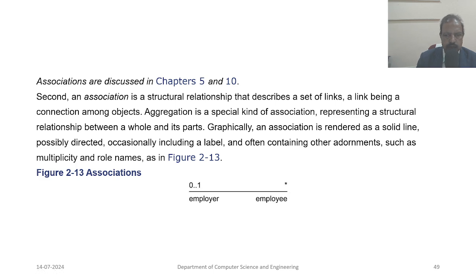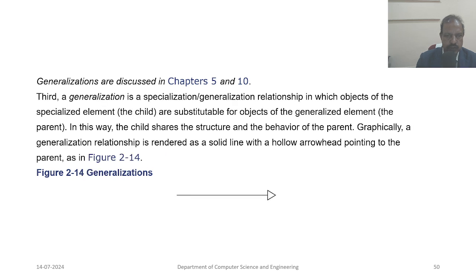I can give you some examples. Suppose a wall, windows and doors. A window is associated with a wall. A door is associated with a wall. This type of thing comes under association. Generalization: you can see a line with an arrow at the end, not a solid arrow, but an arrow.